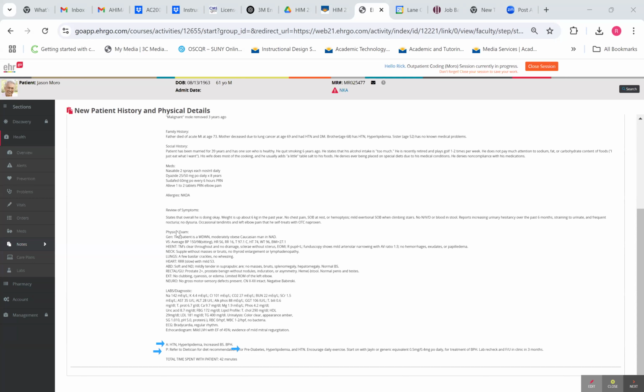In addition to the labs that show the elevated cholesterol at 290, they come out and say hyperlipidemia. So all in all, the problems that we should be capturing: I would code the hypertension first, since it's the most chronic problem, seems to be the one that they're very concerned about.